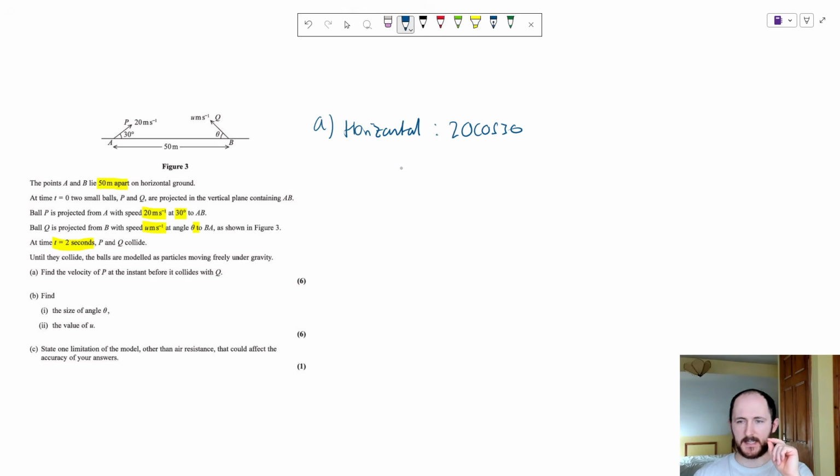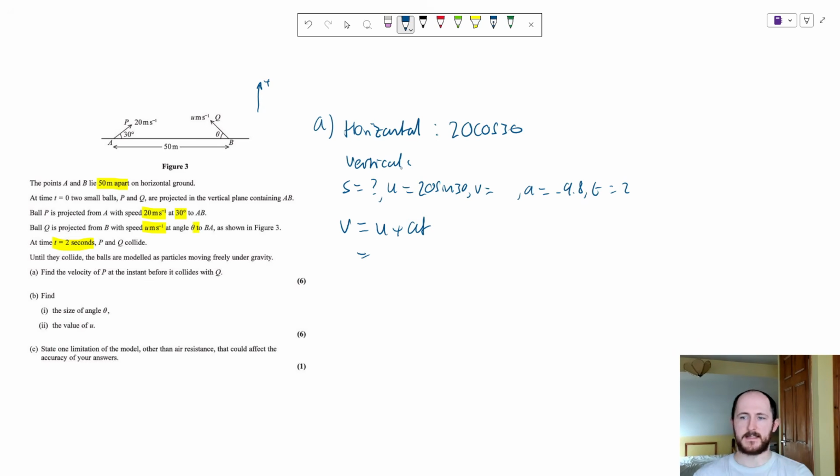Now, vertically, this is where things get a little more interesting. Again, taking upwards positive, we have s equals, don't know, don't care, u equals 20 sin 30. v is what we're interested in. a is minus 9.8. And t is equal to 2. So v equals u plus at.